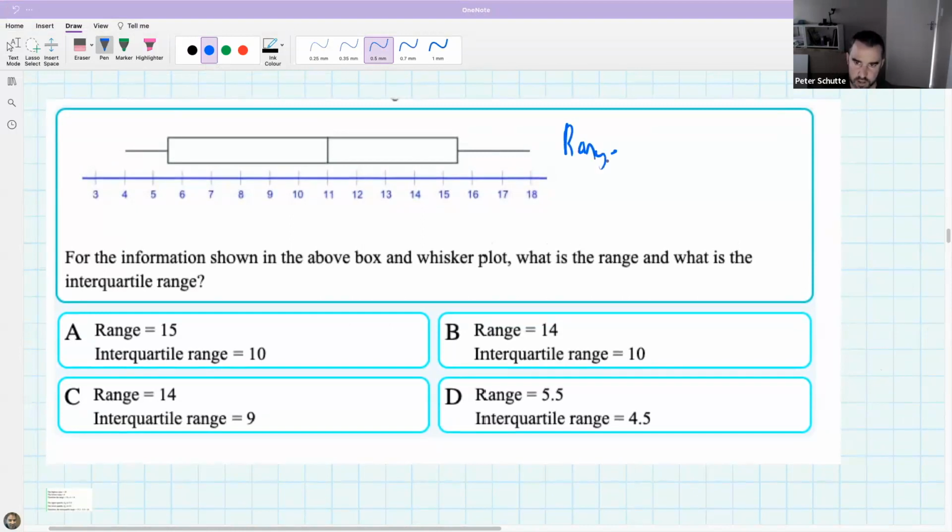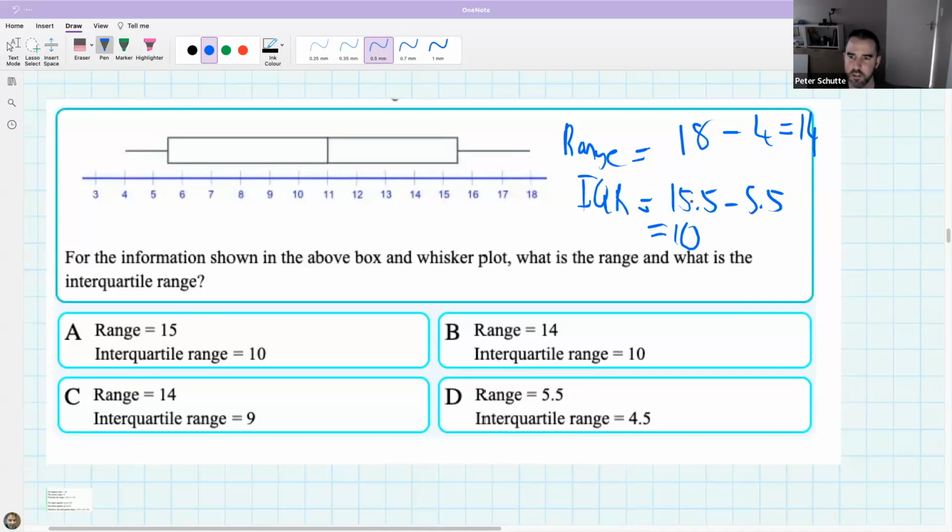So the range is equal to, it looks to me like 18 minus 4, which is 14. And the IQR is going to be about 15.5 minus 5.5, which looks to me like 10. Is there an example that goes like that? Yes, it is B.